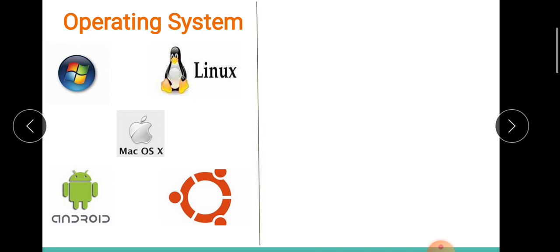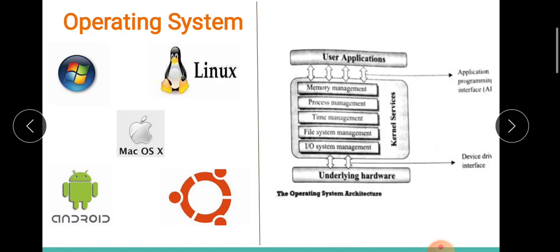It may be the Windows operating system, it may be Ubuntu, it may be Linux, or coming to your mobile phones, it may be Android or even Mac OS. So basically, an operating system forms a bridge between the user application, here you are the users, and the hardware in your system. An operating system does the task of connecting the user to the hardware through a set of functionalities.